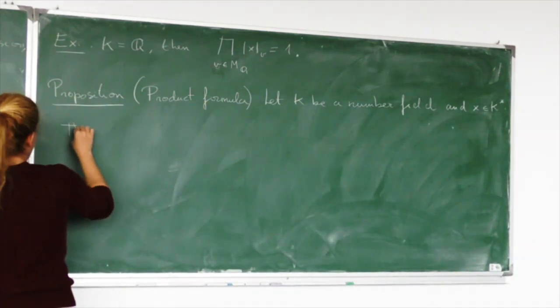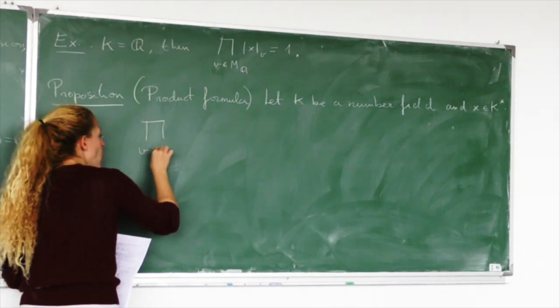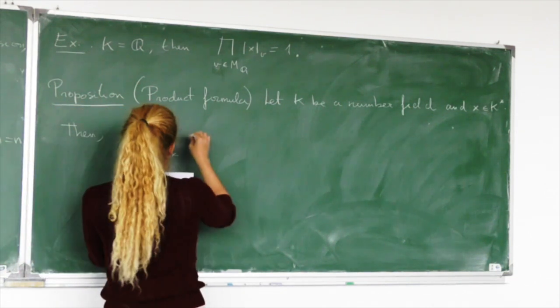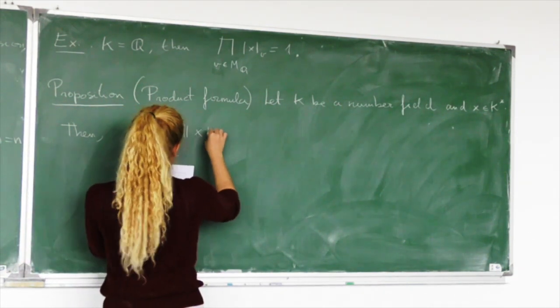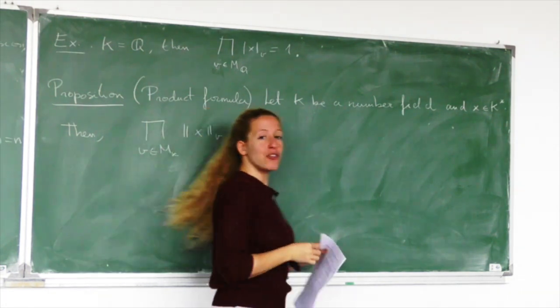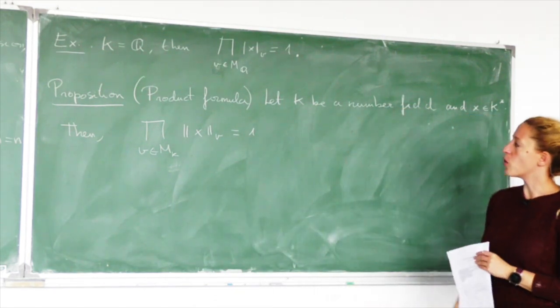Then the product, when I take all the valuations, Archimedean and non-Archimedean ones, of K is equal to 1. But I have to take the normalized absolute value. So we still have this formula.